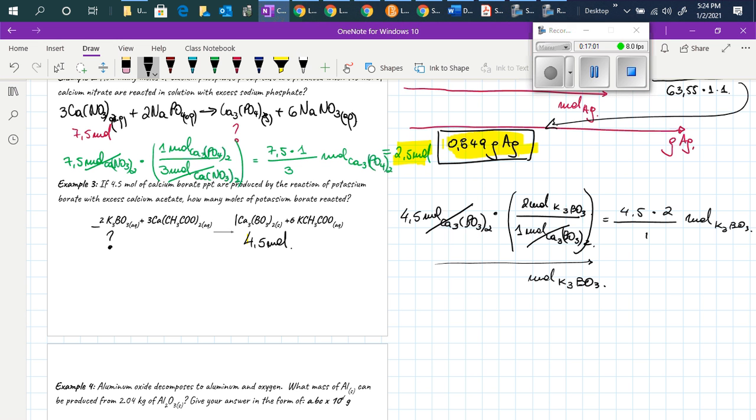So the answer here will be 9.0 moles of potassium borate. Again, I wrote 9.0 because I am taking into consideration the significant digits. And since we started with 2 significant digits as 4.5, then we have to record our answer in 2 significant digits.